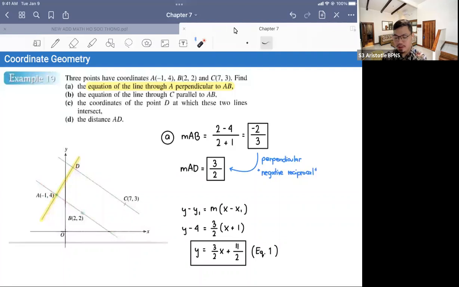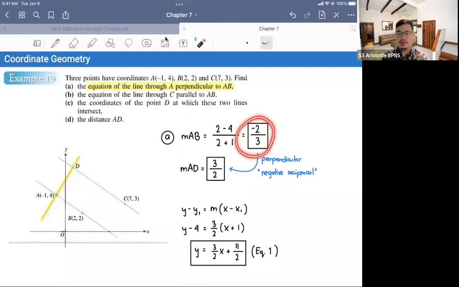Is the gradient of line AB given? No, but you're given 2 points, point A and point B. So from here, you can get the gradient of line AB. That's what I did here, and our answer is 2/3.